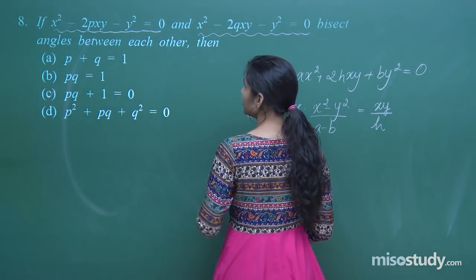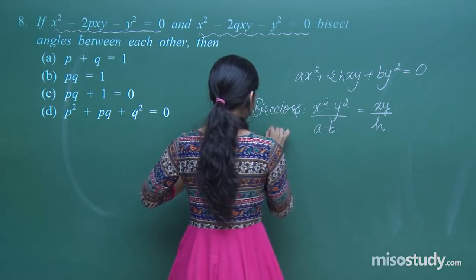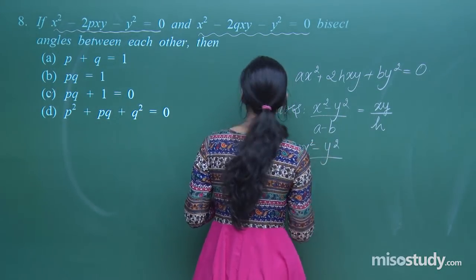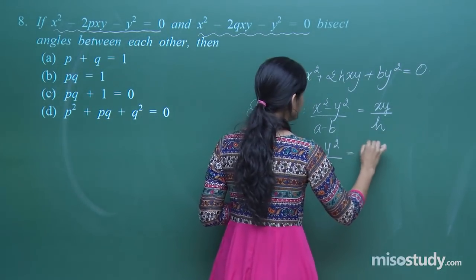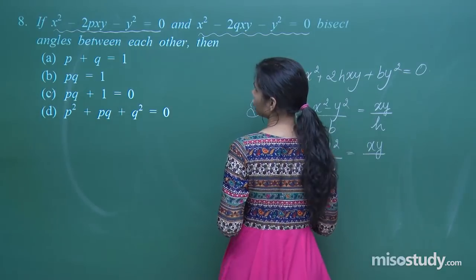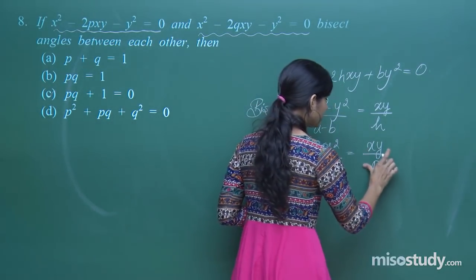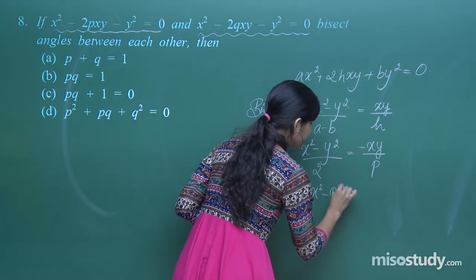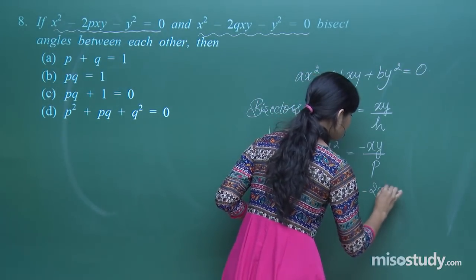So over here the line is given to you as x square minus 2pxy minus y square. So the equation of bisectors will be x square minus y square upon a minus b. So 1 minus minus 1, that is 2, equals xy upon h. h is minus p. So you can write it down like this also. This is px square minus py square equals minus 2xy.